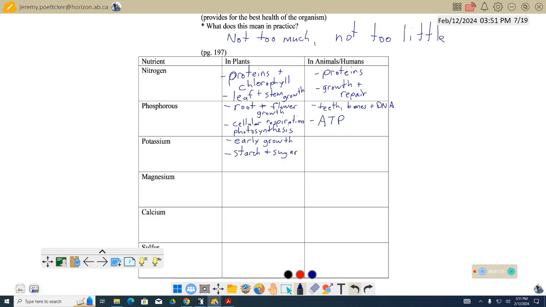Also, helps with disease resistance, helps with chlorophyll production, tuber formation. In humans and animals, this is going to be for muscle contraction. So you might notice that if you get cramps, if you've been doing a lot of physical activity, you may be short on potassium, and someone can say, eat a banana, it'll help with cramps, and it often does. Muscle contraction as well as nerve impulses.